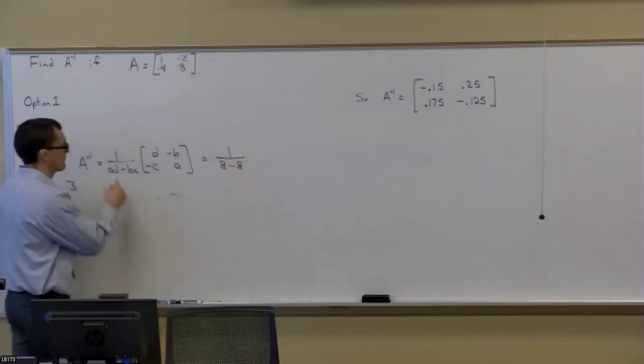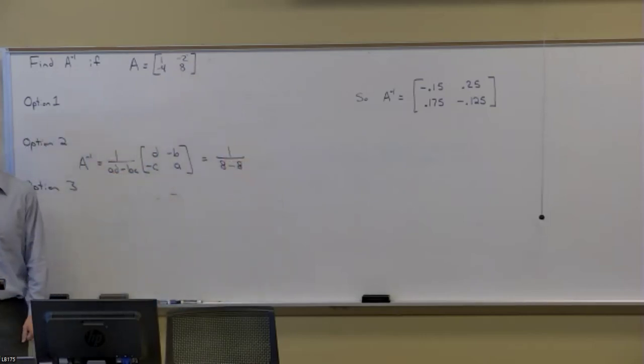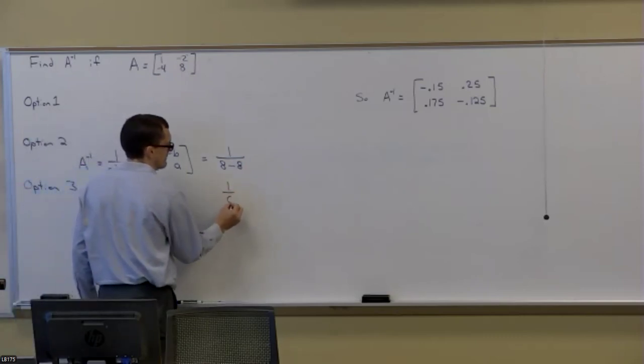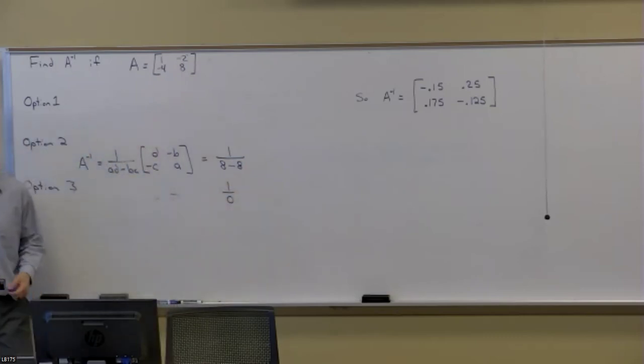So we get 1/0 as our scalar that we'd have to multiply by. And anytime we have a 1/0, that's problems. That's undefined on the real numbers. And so that's where the problem is.